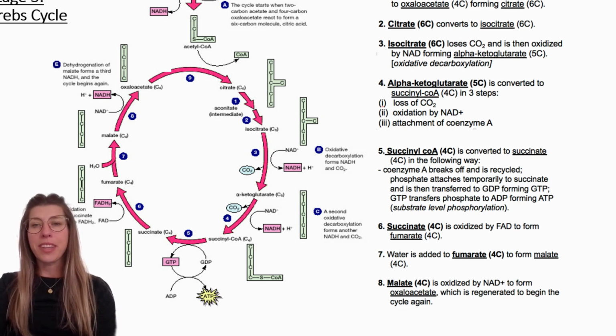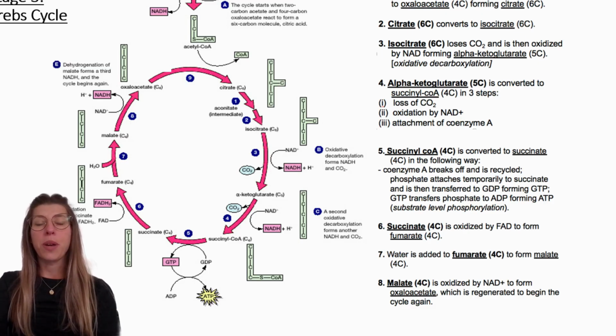Diphosphate to triphosphate, because it gains a phosphate group. That GTP transfers phosphate to ATP. Okay, it takes that phosphate group that it just gained, transfers it to ADP, and now we have an ATP molecule. Bam, some power coming from that Krebs cycle. So this is an example of substrate level phosphorylation that we spoke about before.